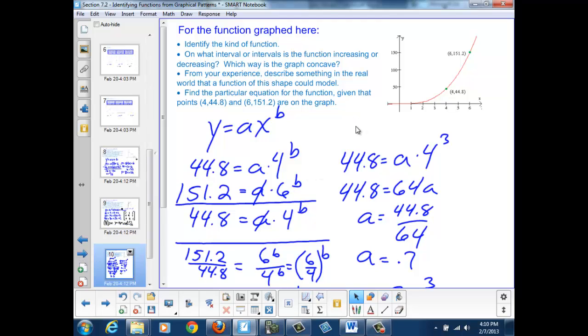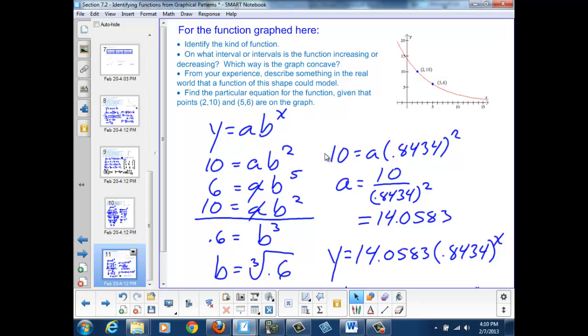When we have a power function, we use division for elimination, and then, hopefully by inspection at this point, we can solve for our power and subsequently solve for our coefficient.